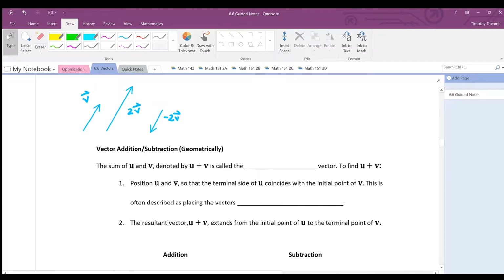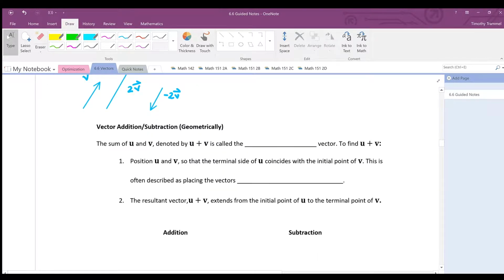All right, and then we're on to another operation, addition. And this operation is one of the most important operations in terms of physics. The addition of two vectors. The sum of u and v, denoted by u plus v, is called the resultant vector.